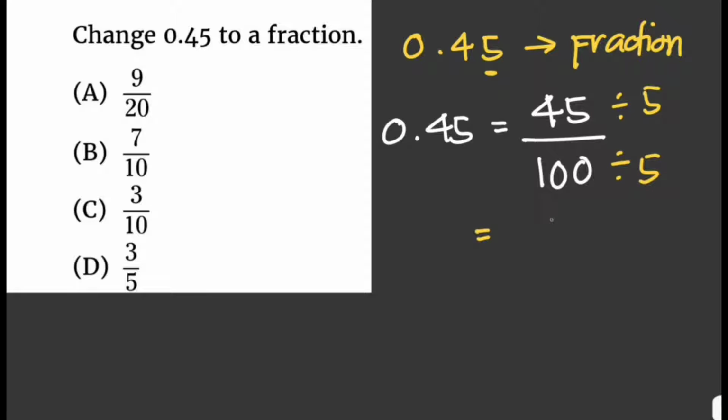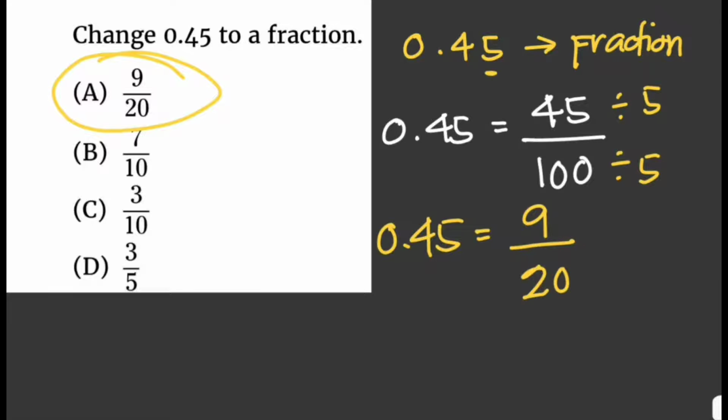So 45 divided by 5 is 9, over 100 divided by 5, which is 20. Now we have 9 over 20, which we cannot further simplify. Therefore, 0.45 is equal to 9 over 20 in fraction form. So the answer here is letter A.